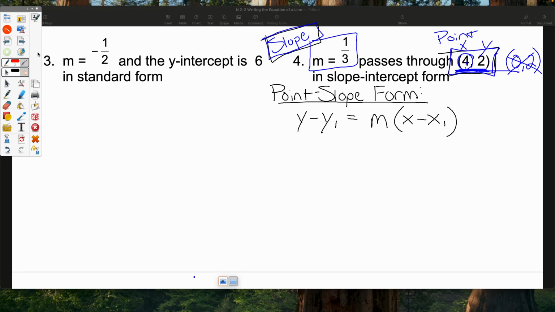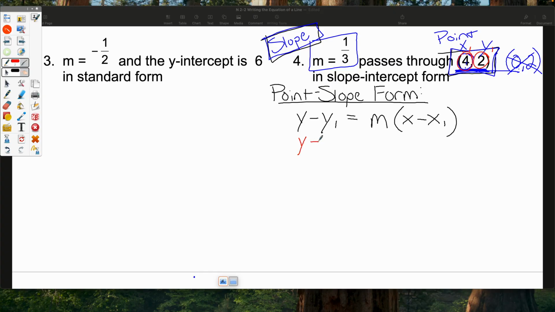Along this point, we have an x and y. Let's call this x1 and y1 up there at the top, and let's substitute these values: 4 for my x1 and 2 for my y1.